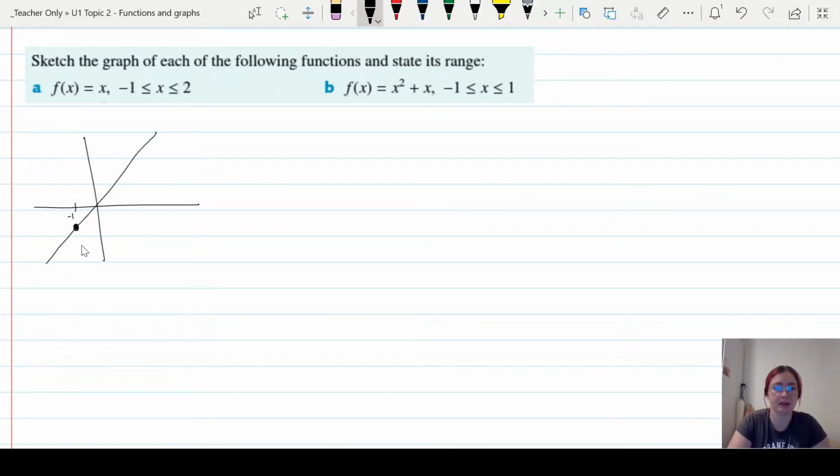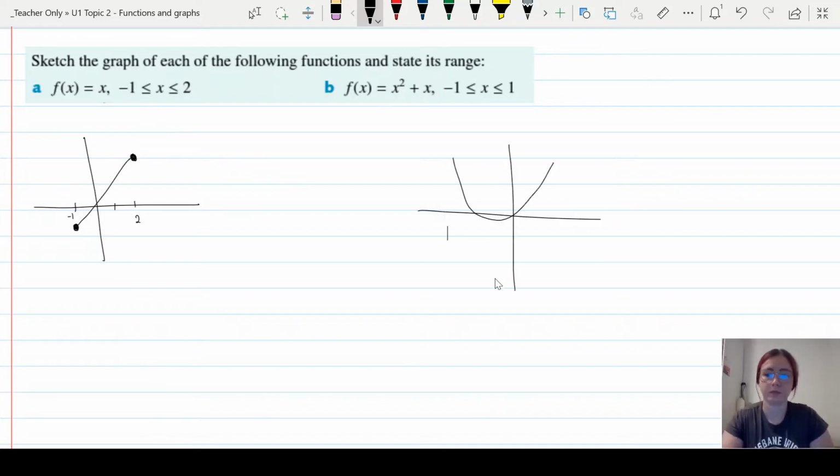And we're using a solid dot there because it can be less than or equal to. And it can't go any further than, let's put 2 here. So that would be our line. That is the restriction of f of x equals x given that domain.